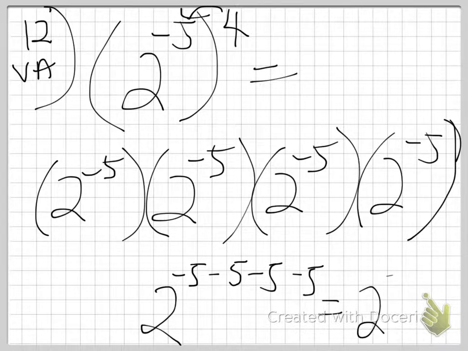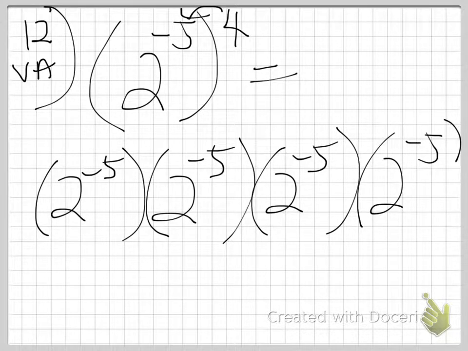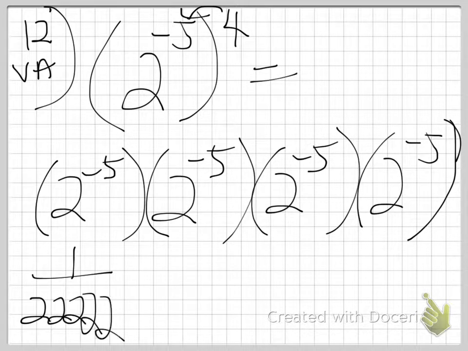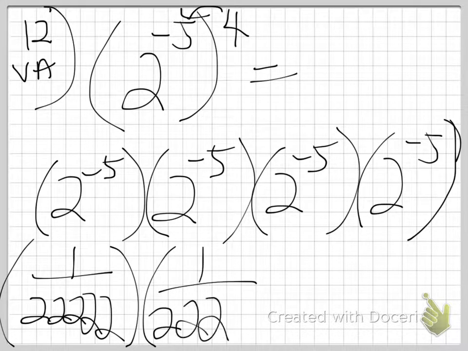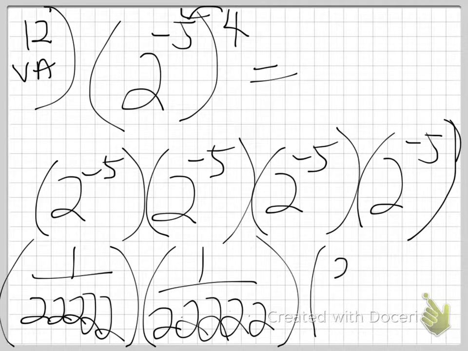Okay, but even that is a little bit of a shortcut. This is really asking you to do 1 over 2 times 2 times 2 times 2 times 2, and we're doing it 4 times. Oh my gosh, my hand gets tired, and I realize, what's the point? There's a shortcut.